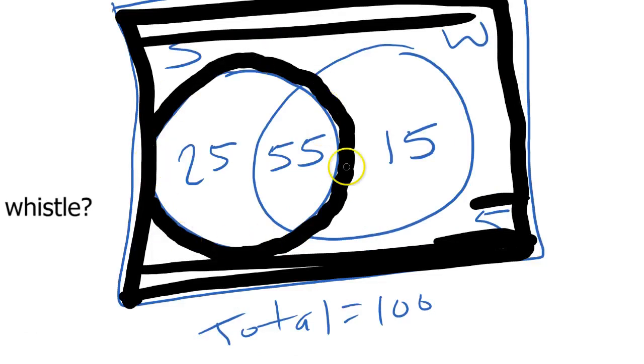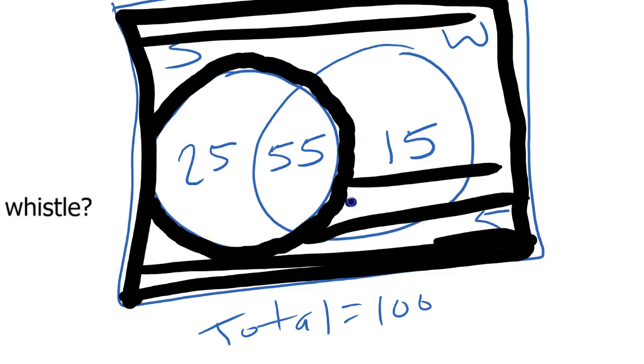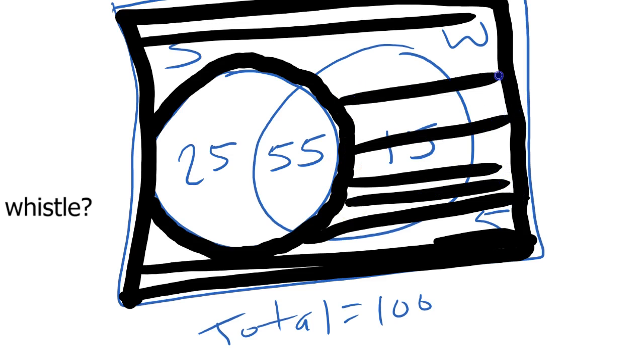So I'm going to circle really darkly the swimming circle, and I'm going to cross out everything else, because my universe is shrinking down to just the set of people that can swim. Remember that this portion of the circle came from the swimming, and this portion of the circle could also whistle.